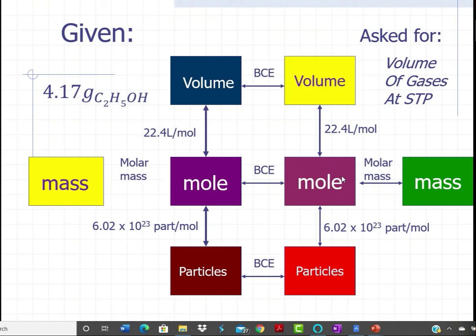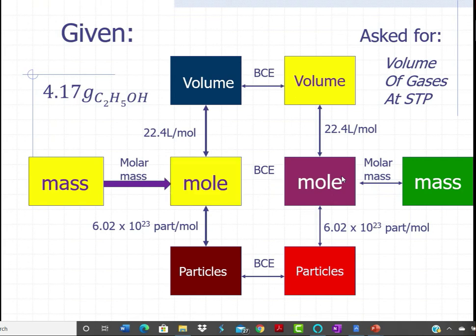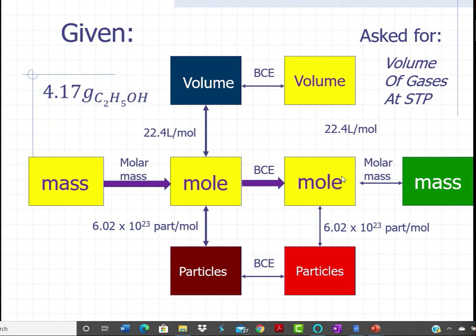Just like before, we're going to go from mass to mole, mole to mole, mole to volume, and we're going to do these in subsequent steps 1, 2, 3. That's our plan: mass to mole to volume. Mass of ethanol, mole of ethanol, mole of gases, volume of gases.